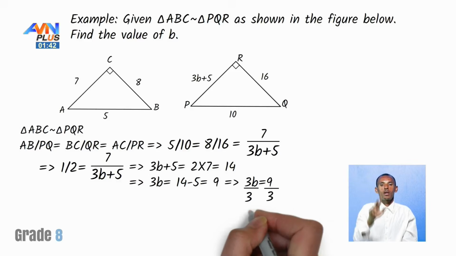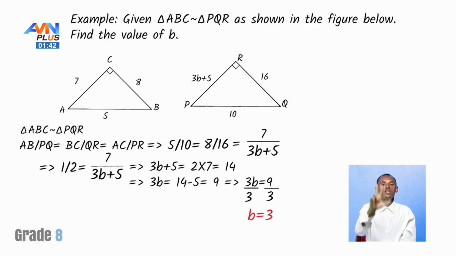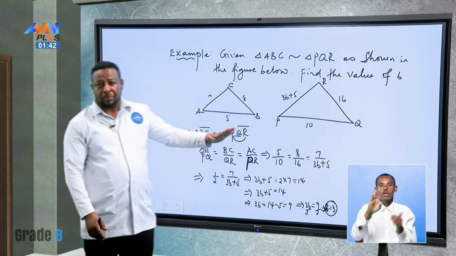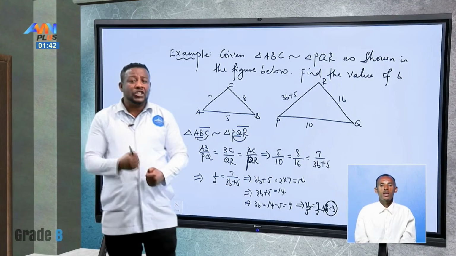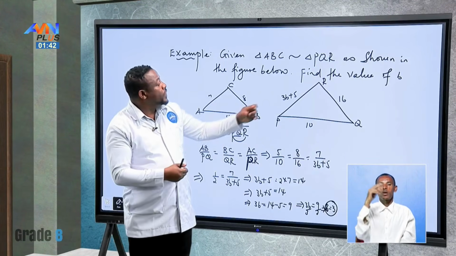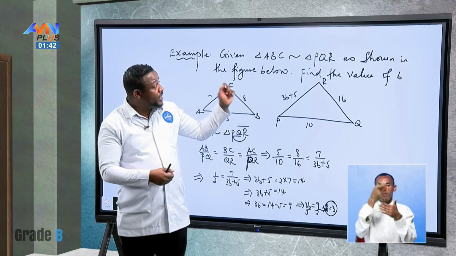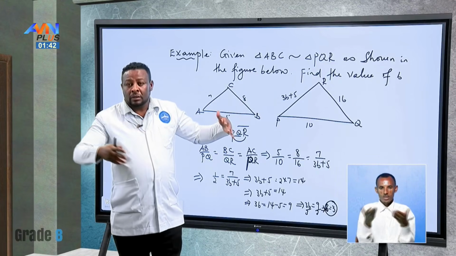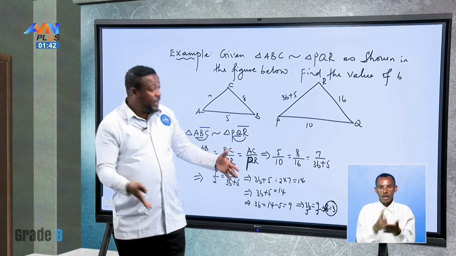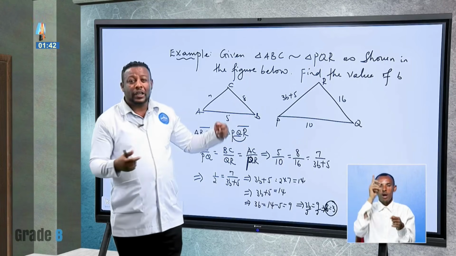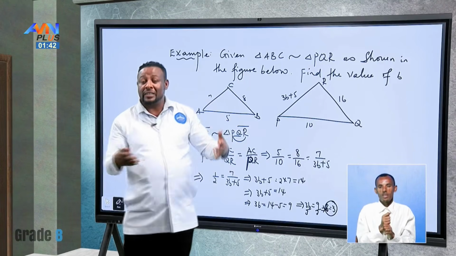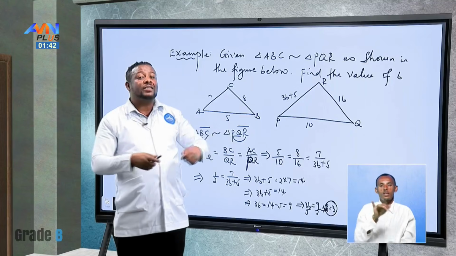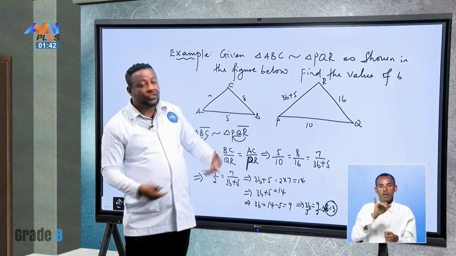So the unknown value of b here is 3. Here, you can check by taking any different value of b in this equation. If you take any other value of b, you cannot find that the two triangles are similar. These two triangles are similar only when b is 3.